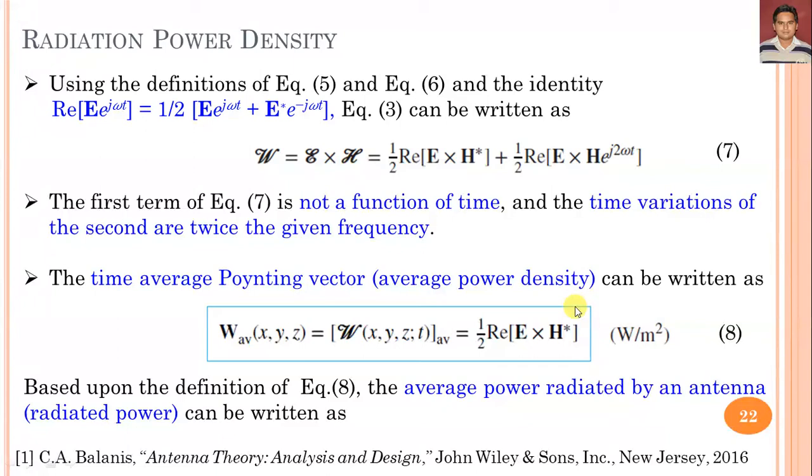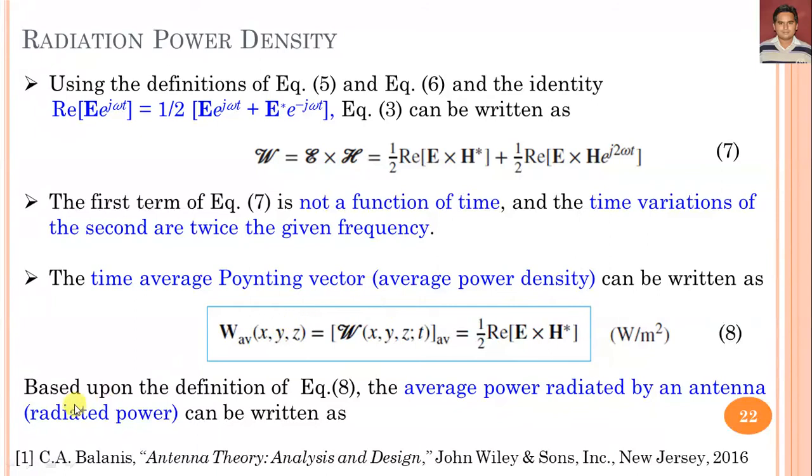In all these categories we need to calculate the average power density, because when calculating the directivity certain parameters are required, one of which is the average power density, and through it we can calculate further parameters, as discussed in the next slide also.